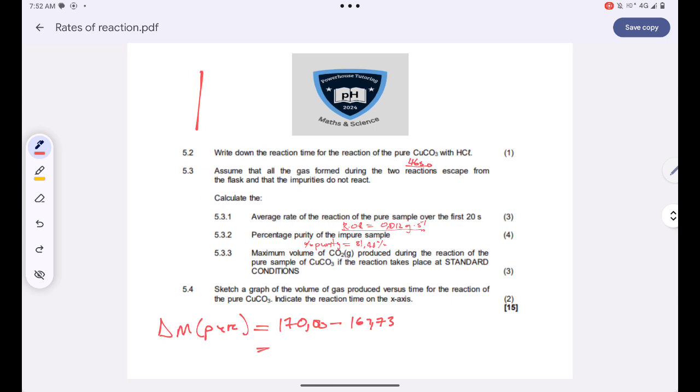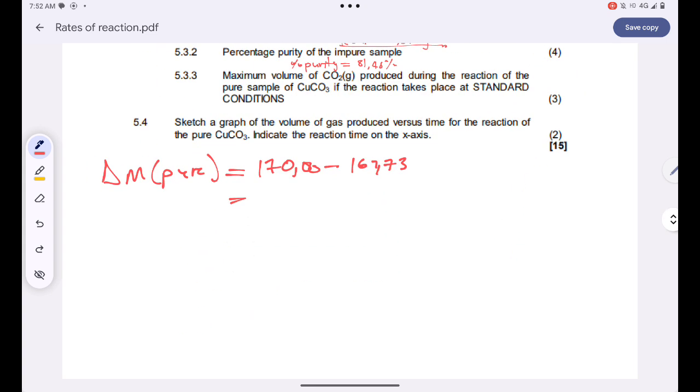My change in mass will simply be 170.00 minus 169.73. So I'll simply get 0.27 grams. This is the mass of my pure copper 2 carbonate that was consumed.